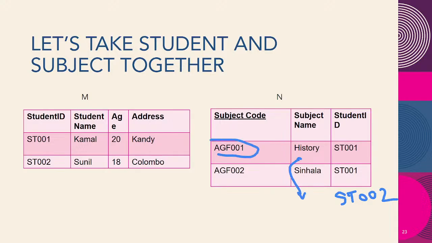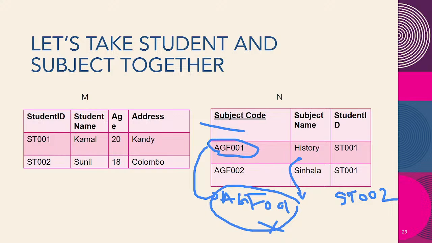And if you try to put this one here, AGF001, this is not possible because this is a primary key field.